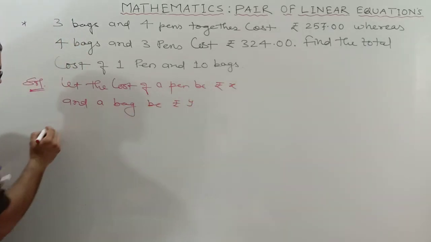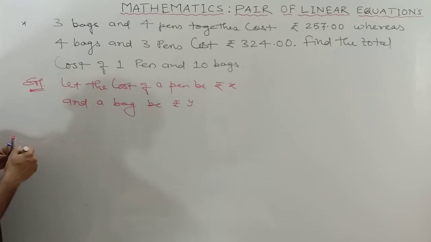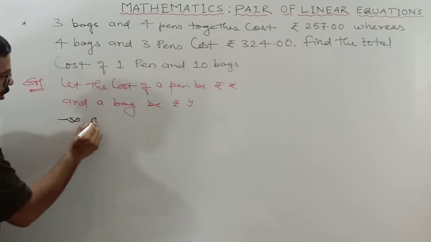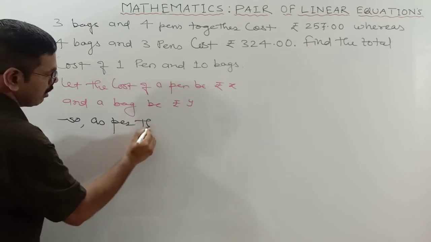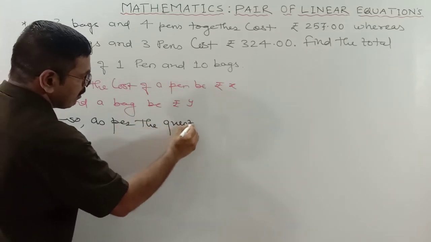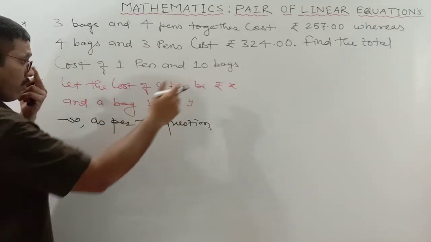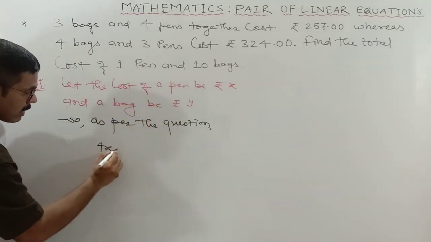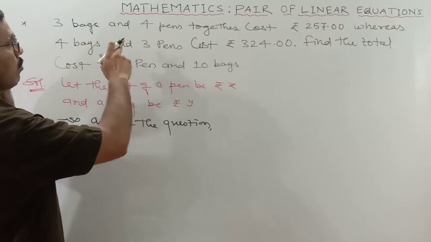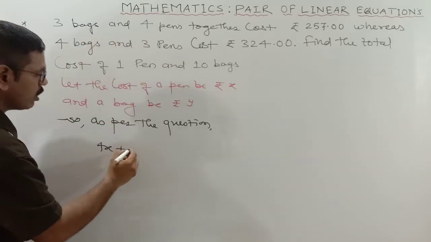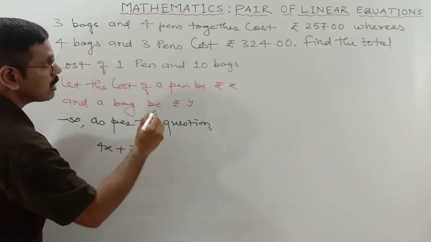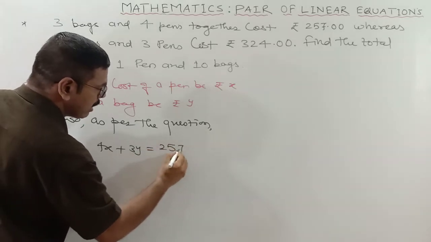Okay, so as per the question, as per the first condition, the cost of 4 pens will be 4x plus 3 bags, so this will be 3y is equal to 257.